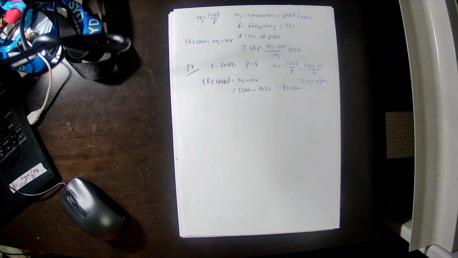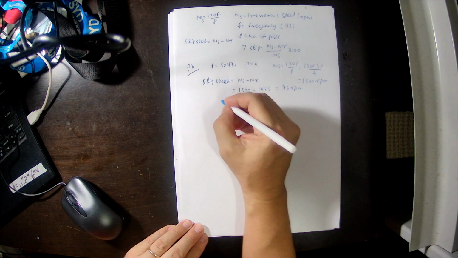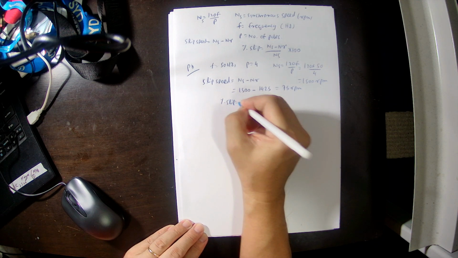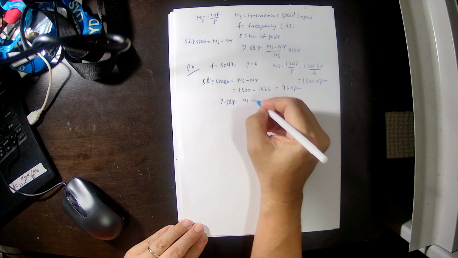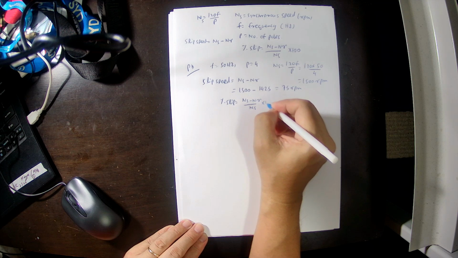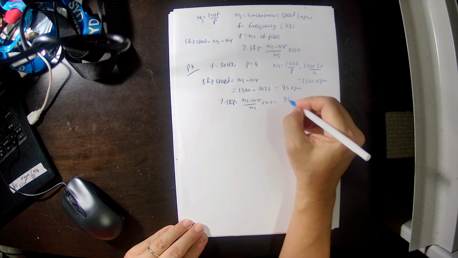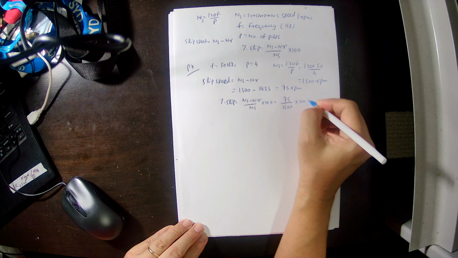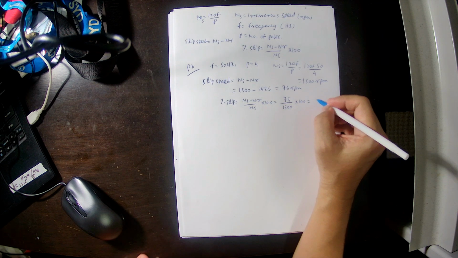Slip speed is 75 RPM. Then percentage slip: Ns minus Nr divided by Ns, multiplied by 100. So 75 divided by 1500 multiplied by 100. So the slip will be 5%.